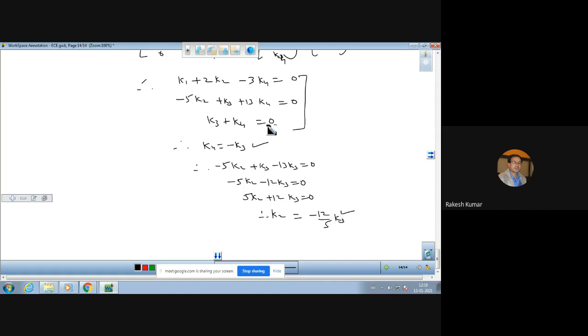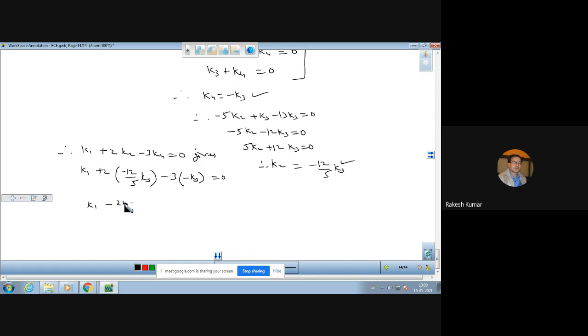Now use these two values in the first equation. So K1 plus 2 K2 minus 3 K4 is equal to 0 gives K1, K2 is 2 into minus 12 upon 5 K3 minus 3, K4 is minus K3 here, that is 0. So what it comes out to be?